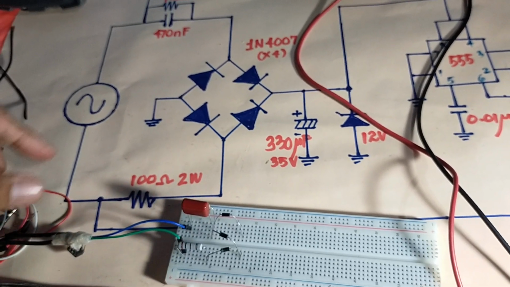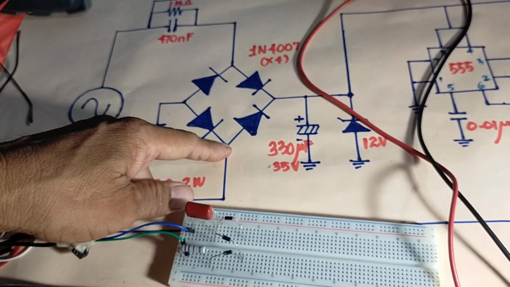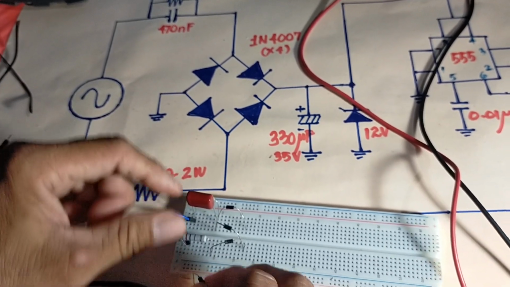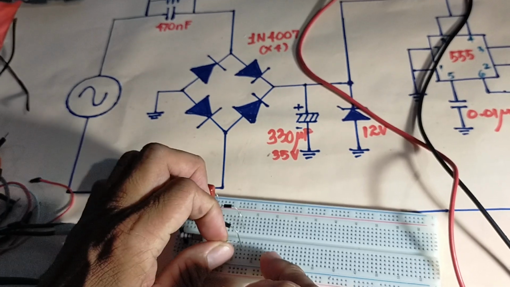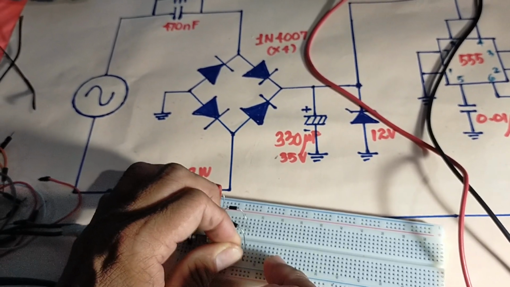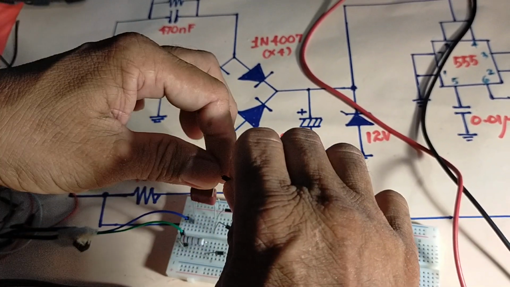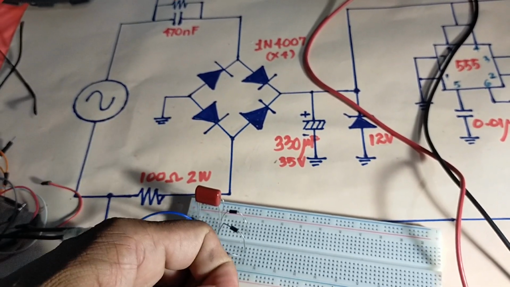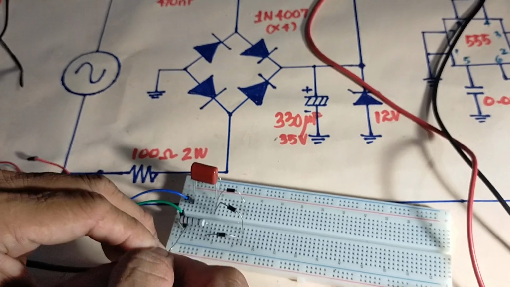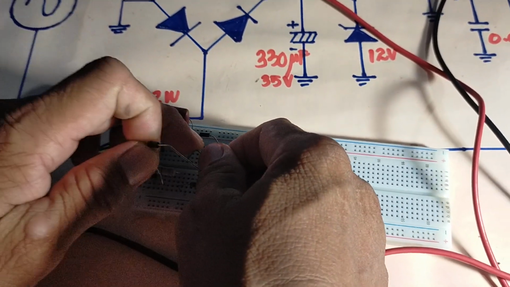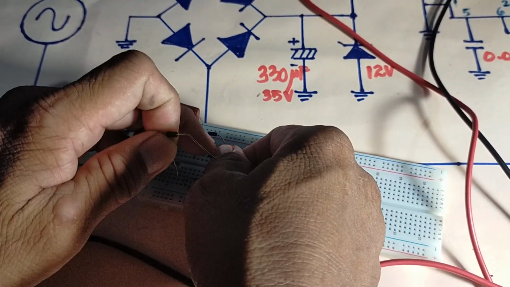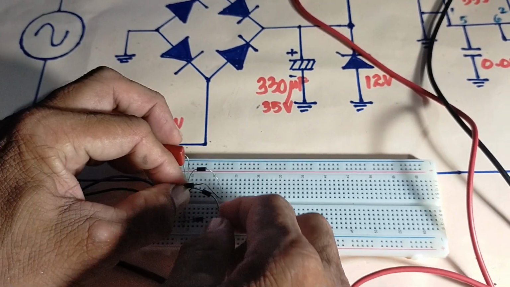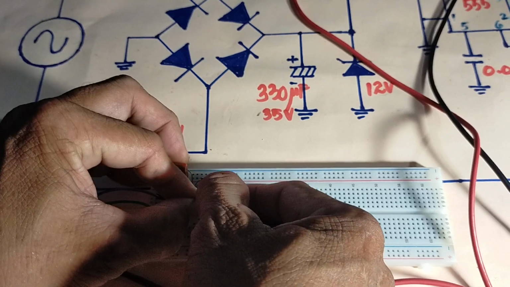Then the anode again is here. Anode. Okay, let us connect it here. The anode here. Okay, we have here the anode, and the cathode is connected here.